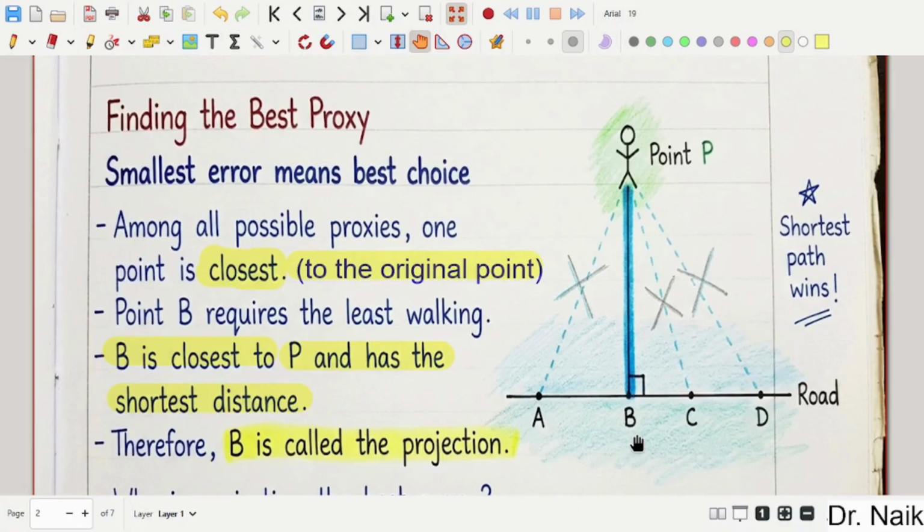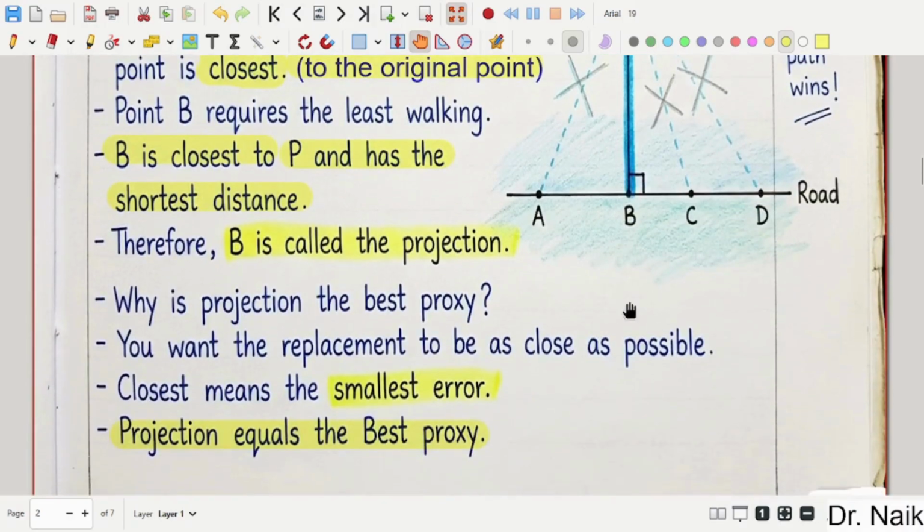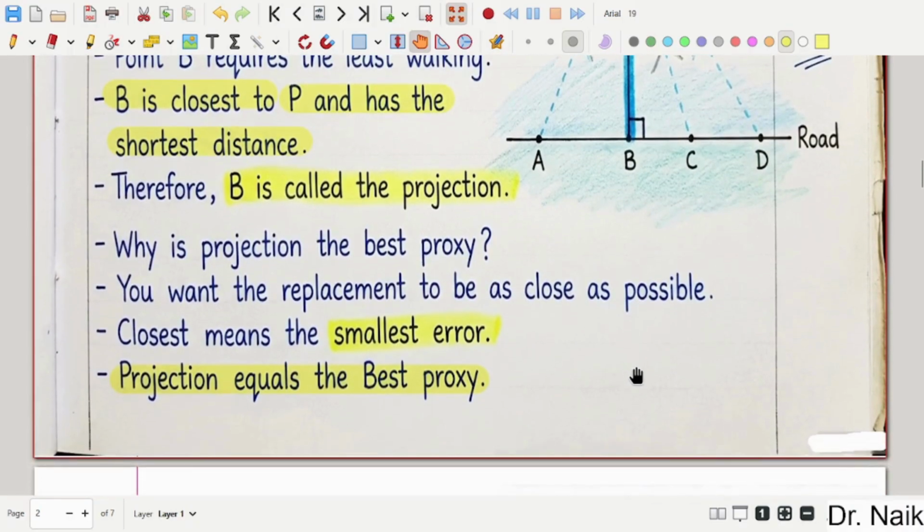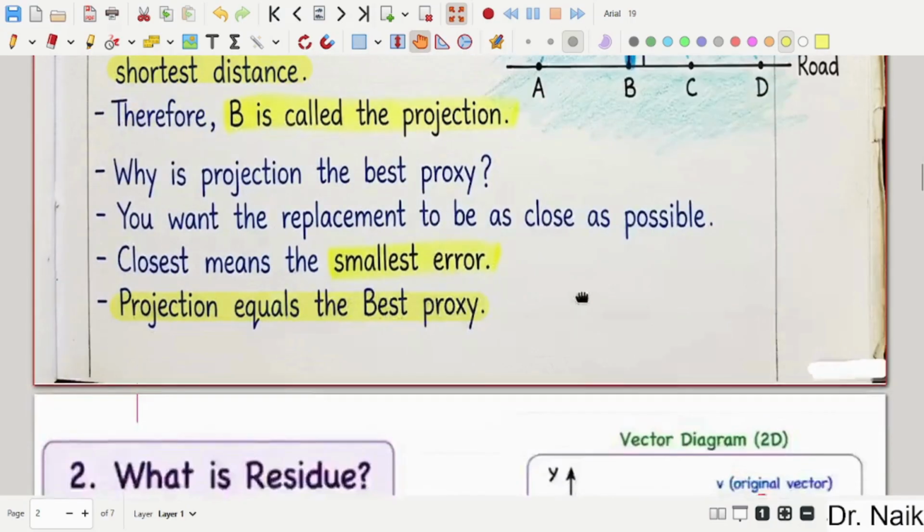Therefore, point B is called a projection. Why is the projection the best proxy? Because we want the replacement to be as close as possible. Therefore, the closest means the smallest error. Therefore, the projection equals the best proxy.